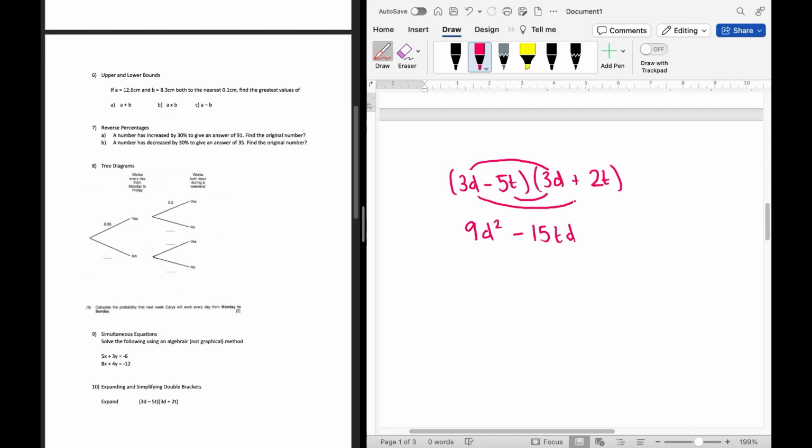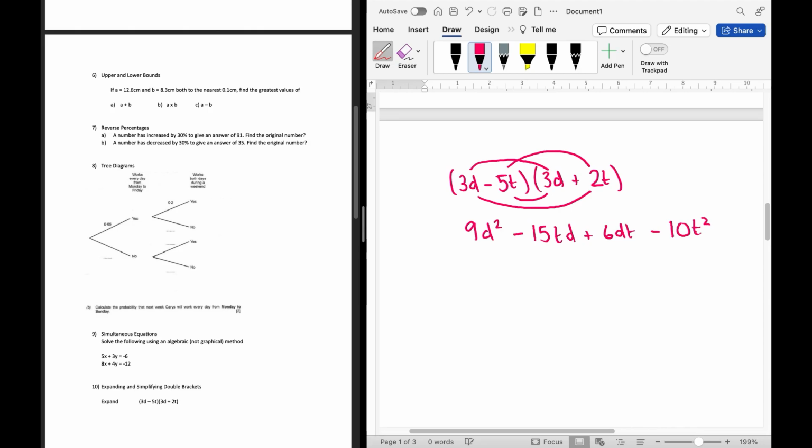Then we'll take a look at these outers, or the mouth of the smiley face. Both positive this time, 3d and plus 2t, so positive 6dt. Weird that when I've done td here and dt, they are actually the same term. But that's okay. And then the final one, minus times a plus is minus. 5 times 2 is 10.